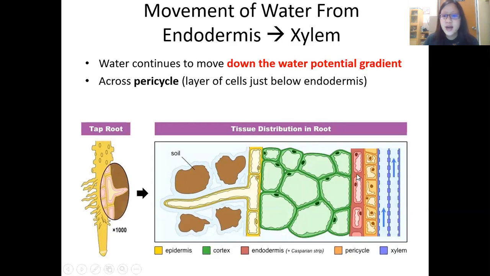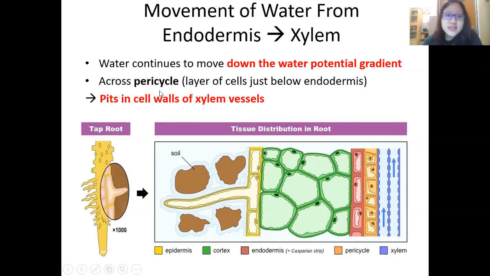From the endodermis to the xylem, water has to cross something called the pericycle, which is a layer of cells just on the inner side of the endodermis. This can be through apoplast or symplast because it doesn't have the suberin cell wall here.